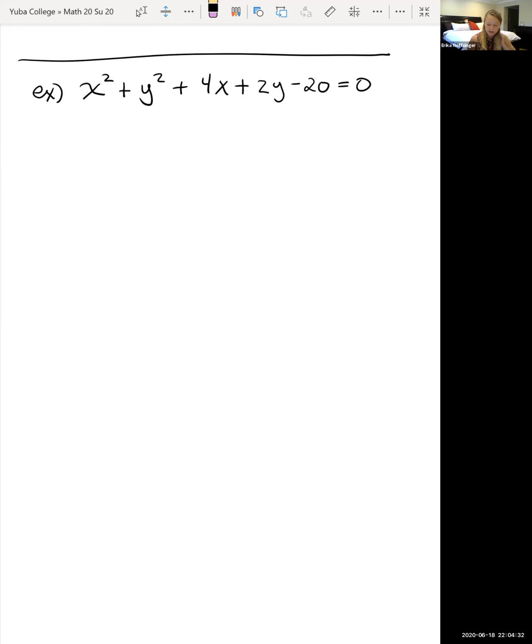First thing we want to do is group our x and our y terms together so that we can complete the square both on the x terms and the y terms. So put this in standard form.